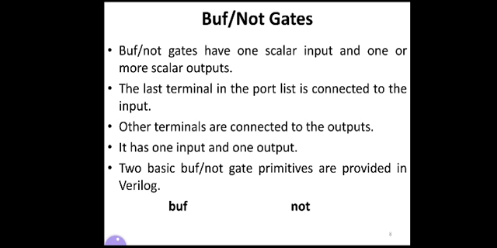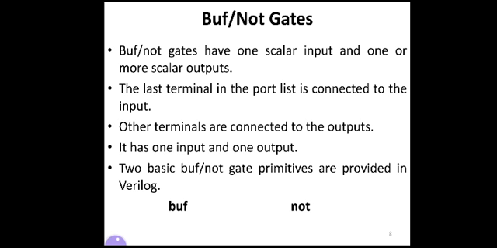Because in the previous case, the AND and OR gates have a scalar output, but they have multiple scalar inputs. But in this case, both buff and NOT have one scalar input and one scalar output. That's why they are separated, because they do not have multiple scalar inputs.